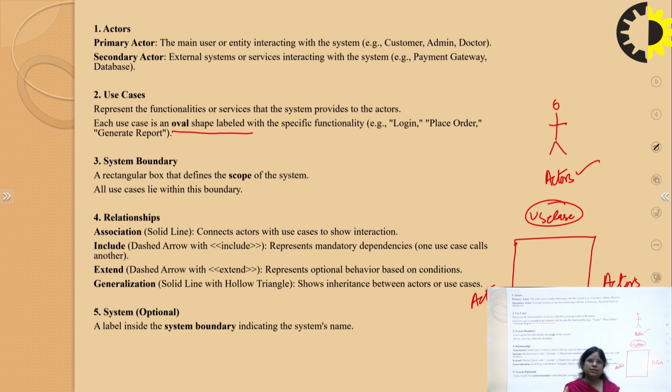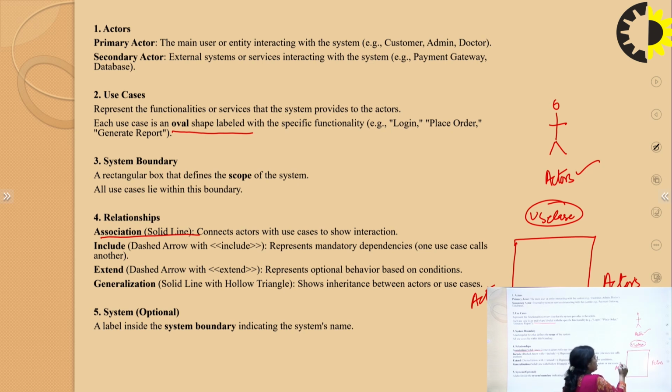So, relationships. When we talk about the relationship between the actors and the use cases, we utilize different types of relationships. The first relationship is association. This association connects the actors with the use cases to show interactions. This is the solid line which we use to show the interaction between the actors and the use cases.